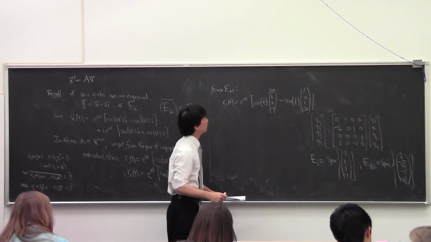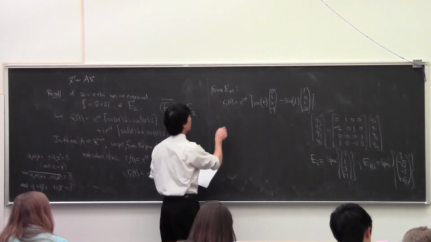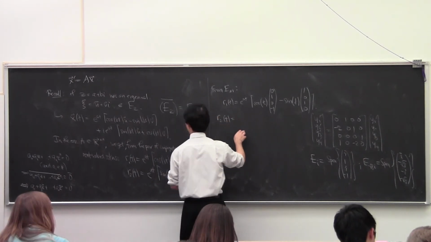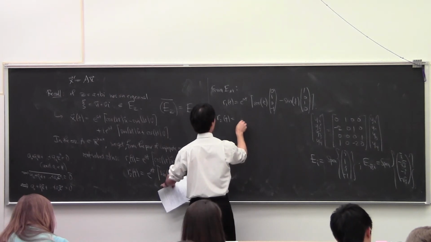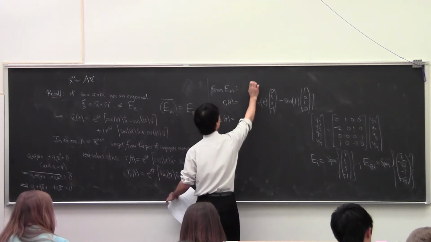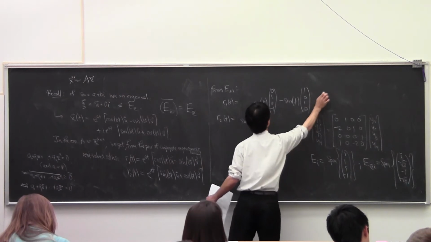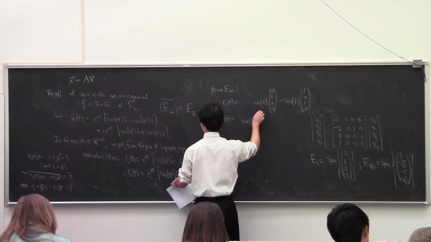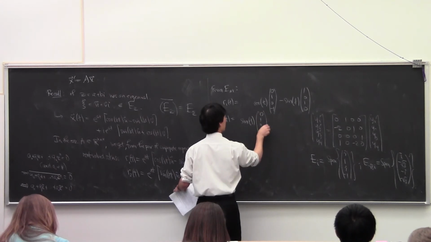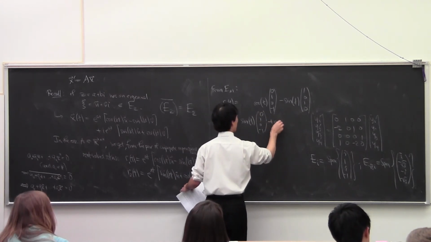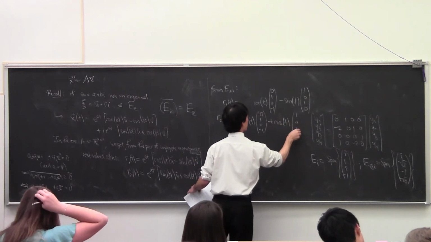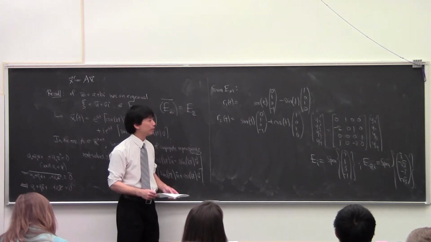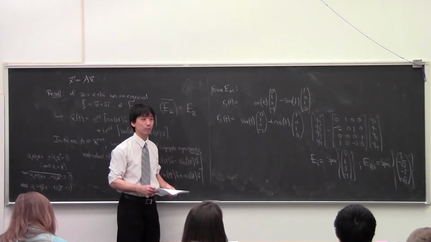So that's one of our solutions. And the other one, R2, is going to be the other thing here. We get sine t times u, (0, 1, 0, negative 1), plus cosine t times v, (1, 0, 1, 0). Of course, e to the 0t is just 1, so we don't really need that. So this is our pair of real-valued solutions from the first pair of eigenspaces.